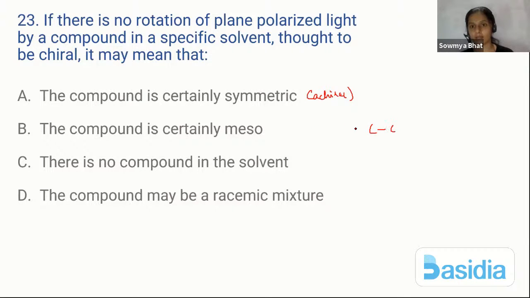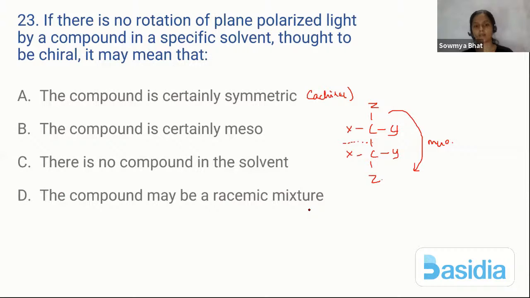Meso is when, I'm going to just explain with an example, you have XYZ attached to this and YXZ attached to this, and then you have a plane. If you fold it over this, it is going to give you a meso compound. This is again not the option. And there is no compound in the solvent. That is not possible because they have mentioned, right, that there is a compound. So option C cannot be the answer.